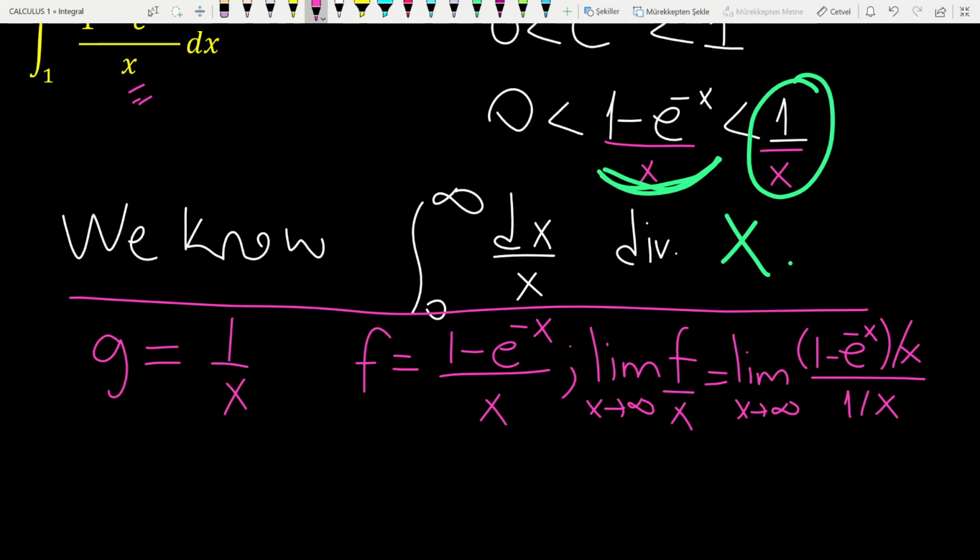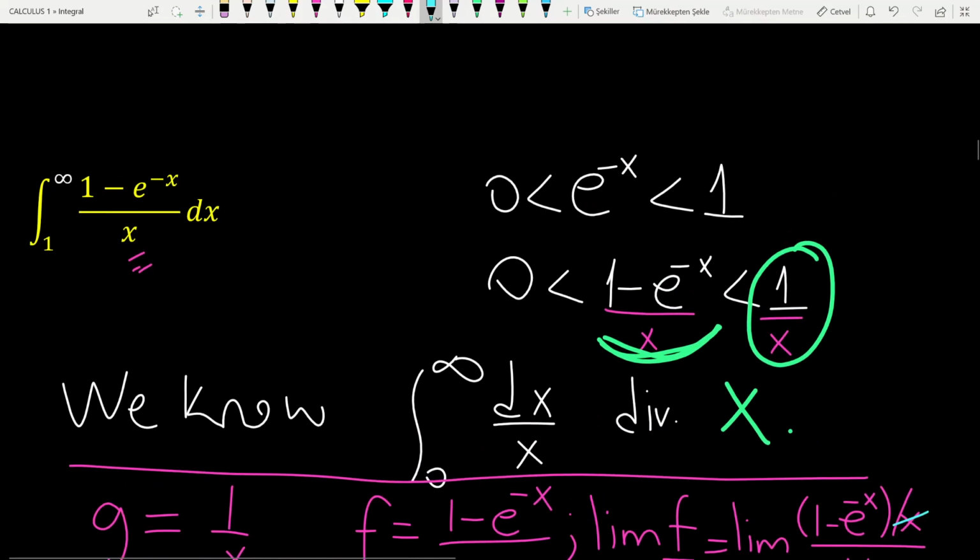This is f over g. You can simplify the x's and finally you have this limit expression equal to the limit as x tends to infinity of 1 minus e to the power minus x. So when x tends to infinity, this part tends to 0 and the answer is equal to 1. The answer of this limit is equal to 1.